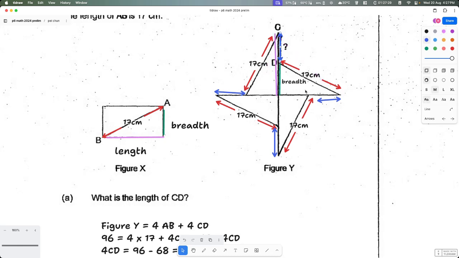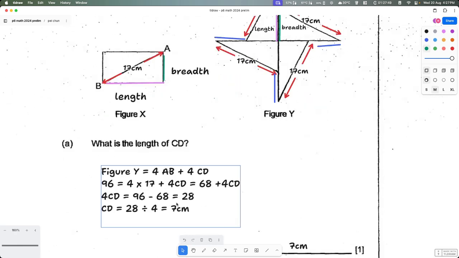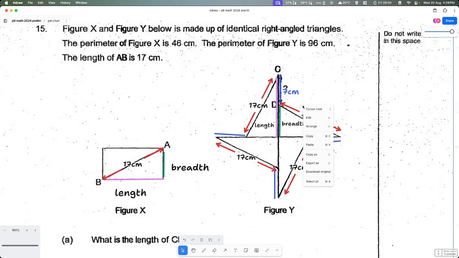Let me make these single lines instead. You see the length and breadth over here, and we also know the difference, which is 7 centimeters, in purple. So we can create an algebra formula.